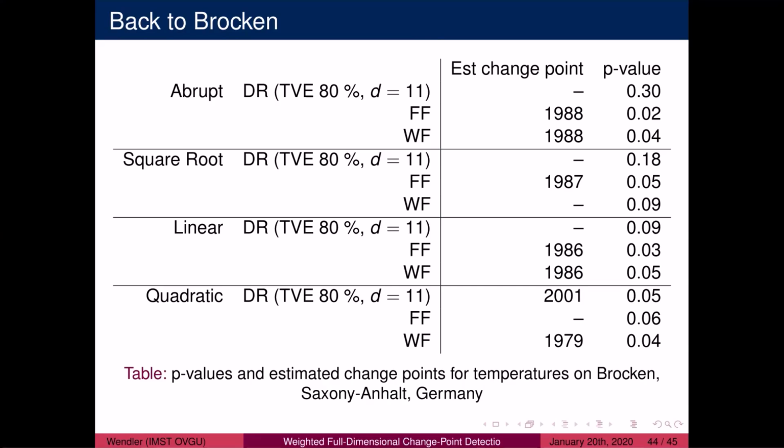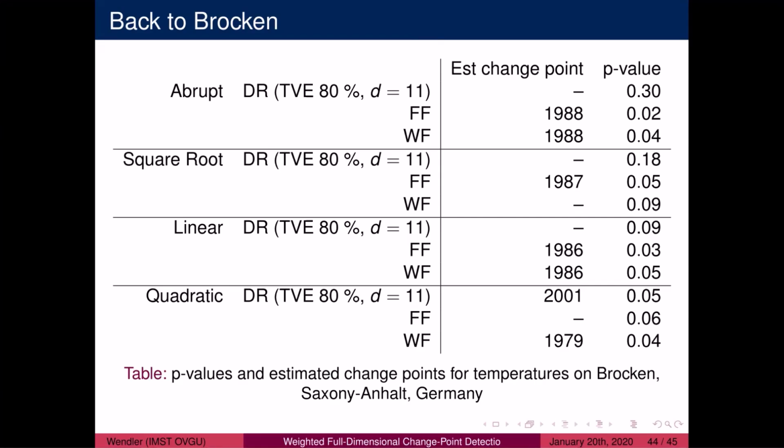And then the information is spread out probably in many directions, so this doesn't work. So the dimension reduced statistic gives you the highest p-values. Other p-values are closer to 5%. It's not a clear winner.